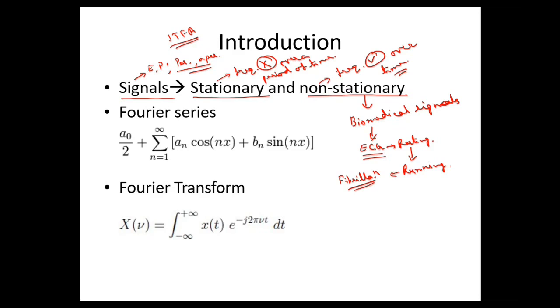So even the signals which are regarded as periodic signals, which are supposed to be stationary signals, are also changing their frequency components over a period of time. This is one of the important things, and it gives us an indication that even a periodic signal changes its frequency composition over time.